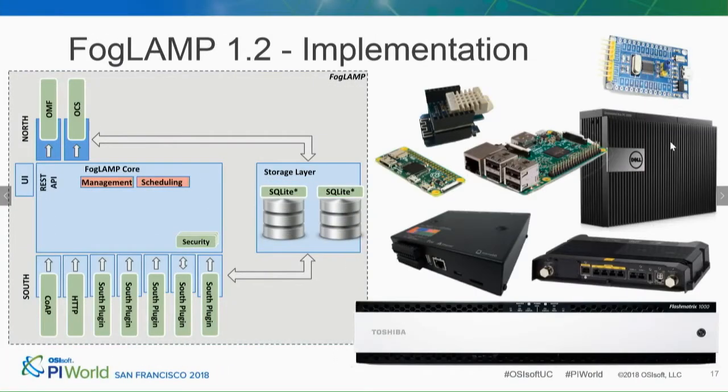As I said already, we can run on all sorts of different hardware and software. If you have already visited our booth, you may have seen, for example, let's go from the biggest down there, the Toshiba FlashMatrix, a huge box that is a number-crunching and big I/O system that runs at the edge, and it can execute an incredible number of operations for machine learning at the edge.